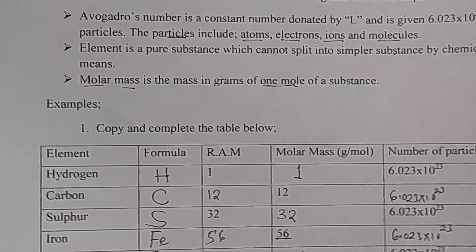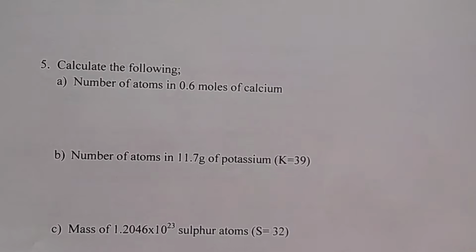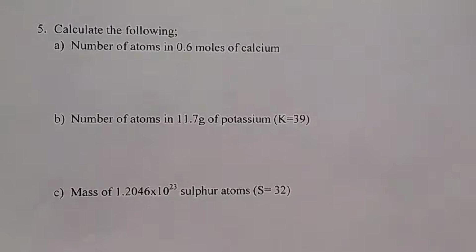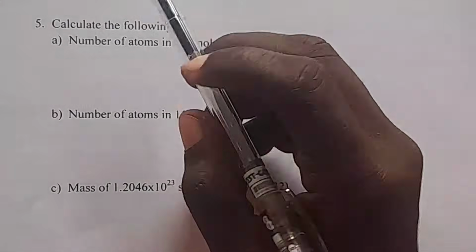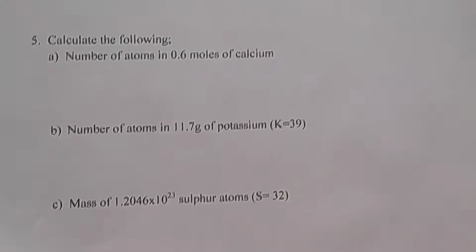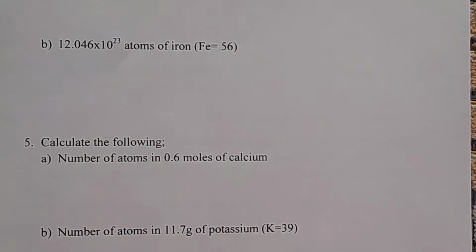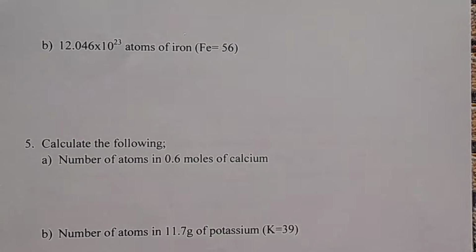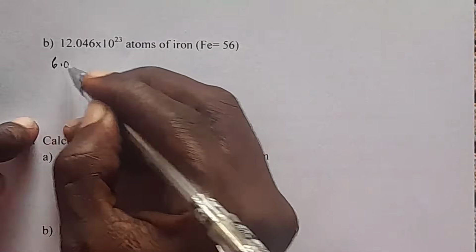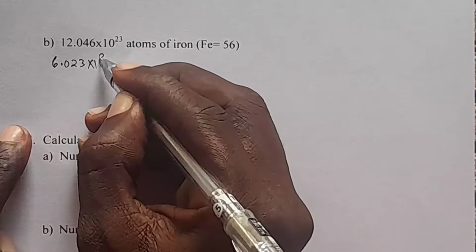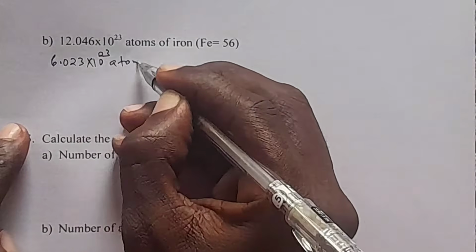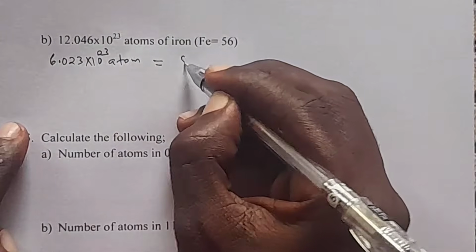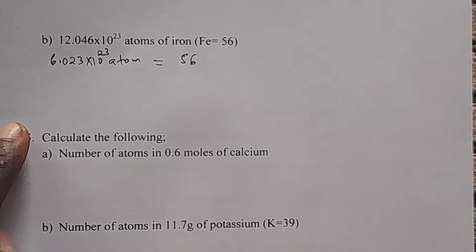Thereafter, we are going to go to question number 5. Before that, let's go to part B. Here we have 12.046 times 10 power 23 atoms of iron. The formula will be the same again. We say 6.023 times 10 power 23 atoms of iron will have the molar mass of 56 grams.